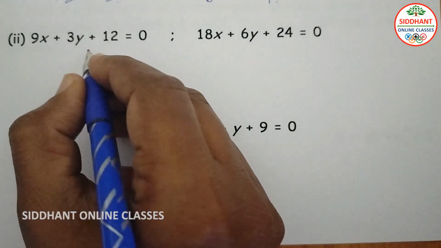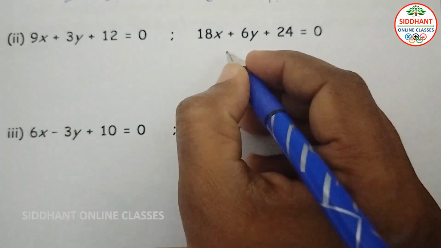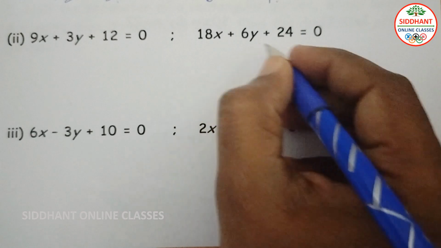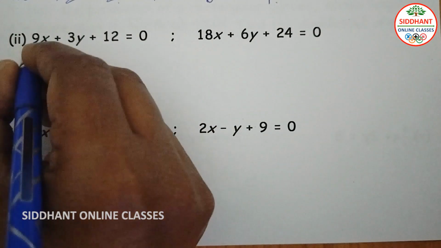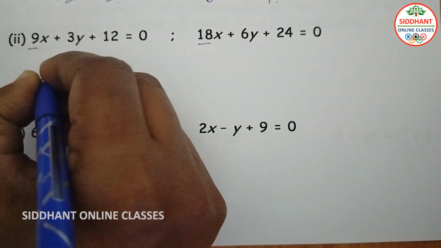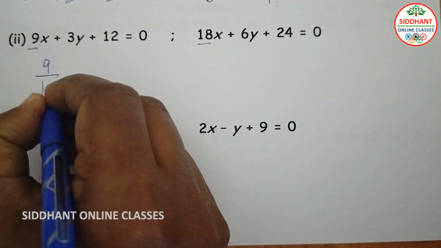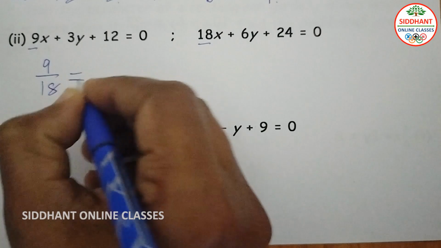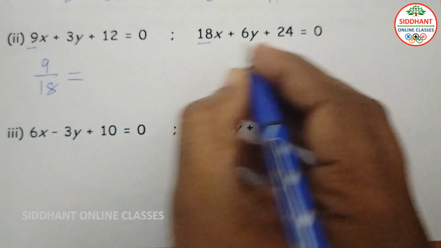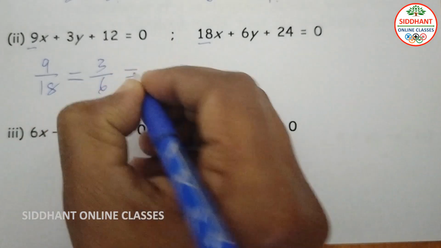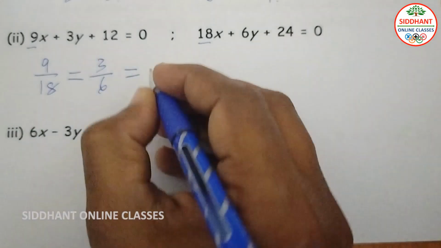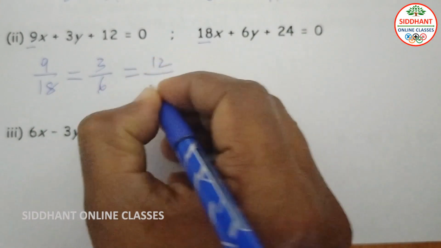Next, the second question: 9x plus 3y plus 12 equal to 0 and 18x plus 6y plus 24 equal to 0. Now we compare a1 by a2, that will be 9 by 18, and b1 by b2, that means 3 by 6, and c1 by c2, which is 12 by 24.